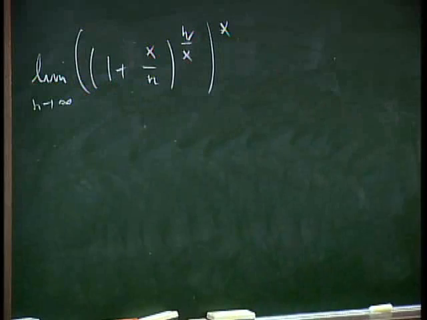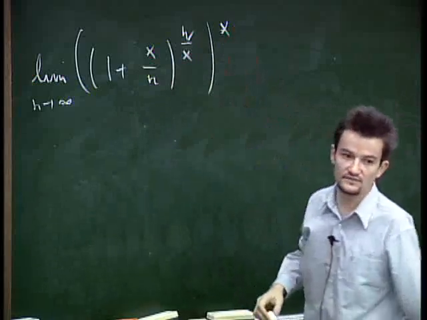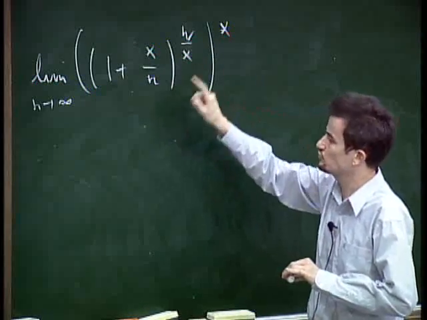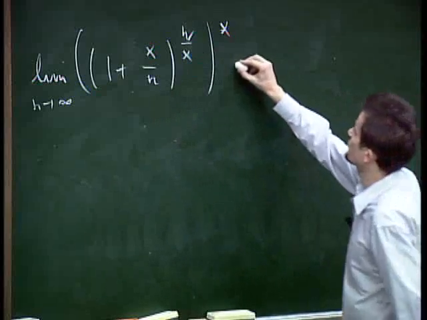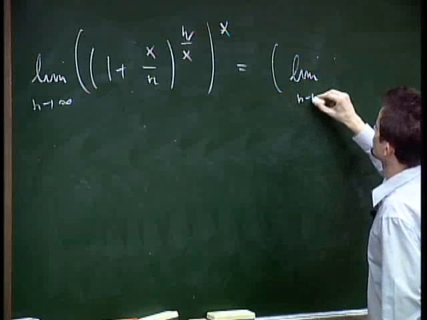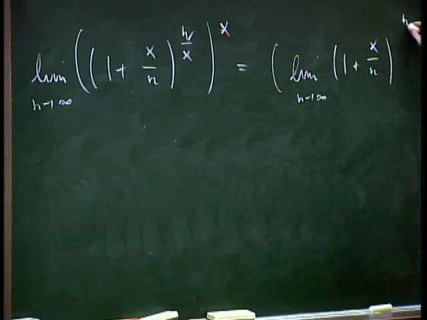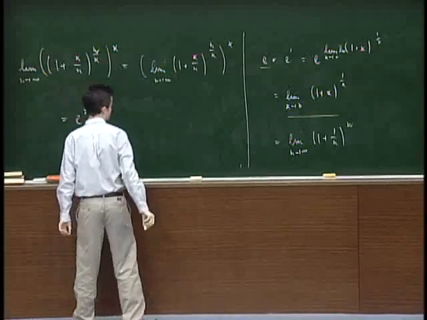Now you see that the function a to the x, or the function x to the n, where n is a power, is continuous, so you can write this as the limit as n tends to infinity of (1 plus x over n) to the n over x, to the x, and this tends by the same argument to e, so you get e to the x.